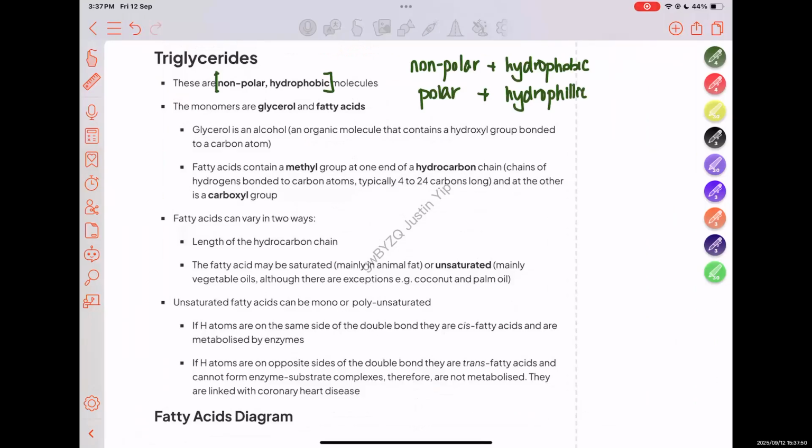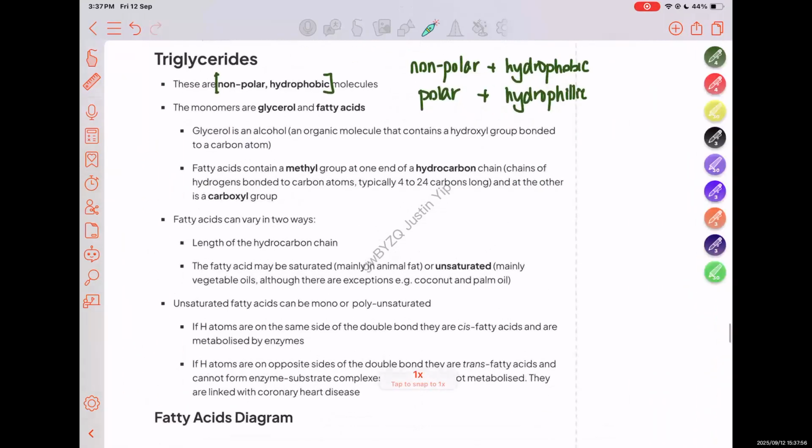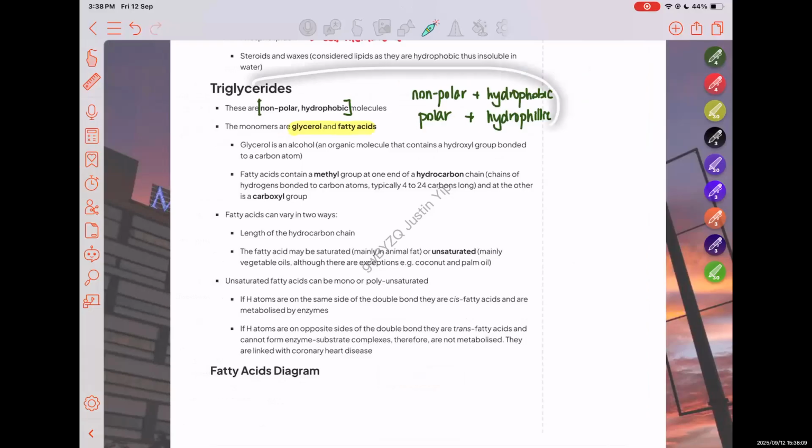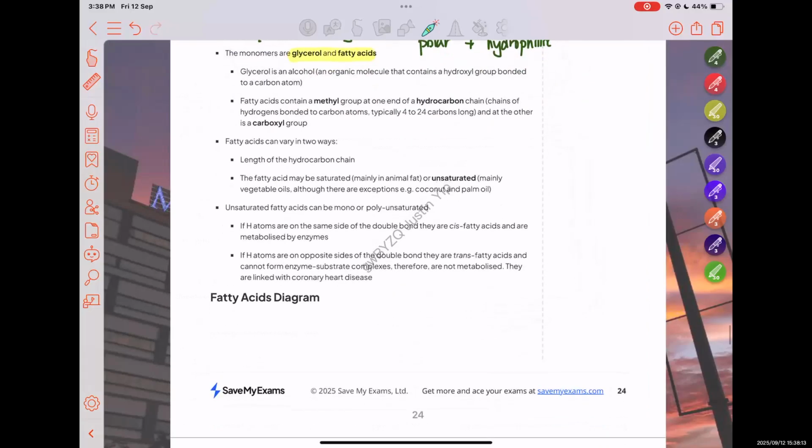You can take note on this one. They are actually a combination. And the monomers are glycerol and fatty acid. This one you need to know here only. The remaining you can read through.